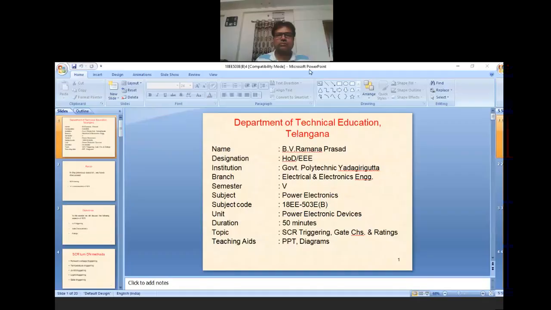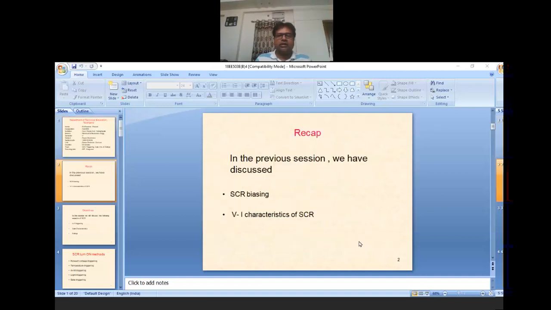And in this session, which is the fourth session, we will be discussing how to turn on the SCR, its gate characteristics, its ratings and specifications. So in this session, we will be discussing SCR turn-on methods or triggering, its gate characteristics and ratings.